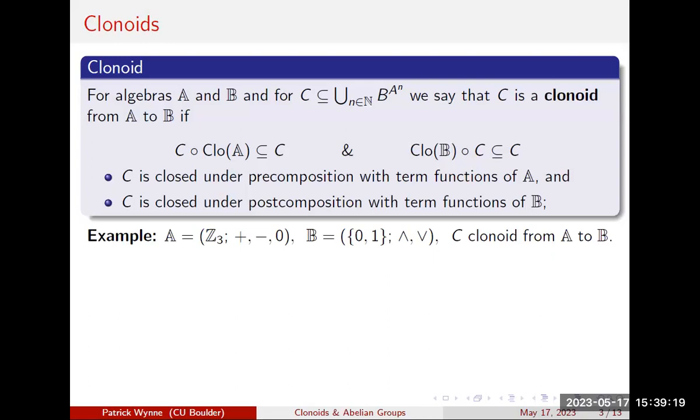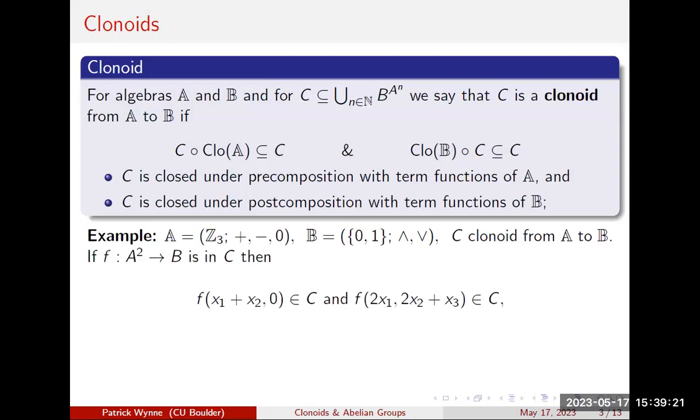If C is a clonoid from A to B, and f is a binary function in our clonoid, then we can form a new function by replacing our first variable, x1, with the new function x1 plus x2. So we're substituting this term function x1 plus x2 into our first variable, and then we're substituting the constant 0 function into our second variable.